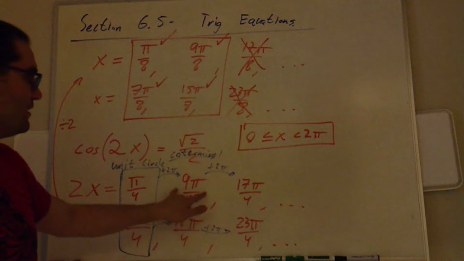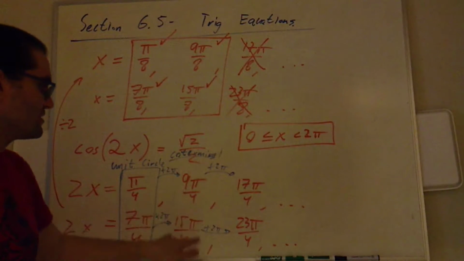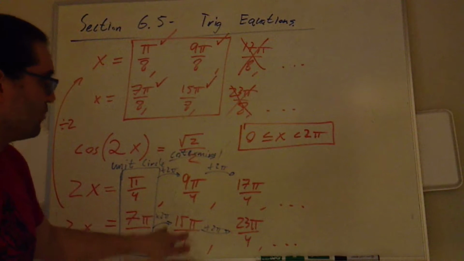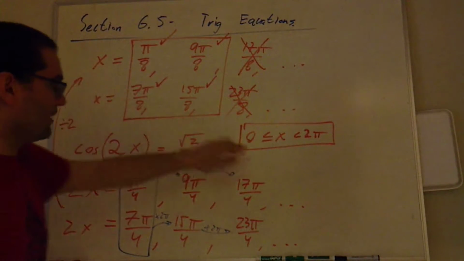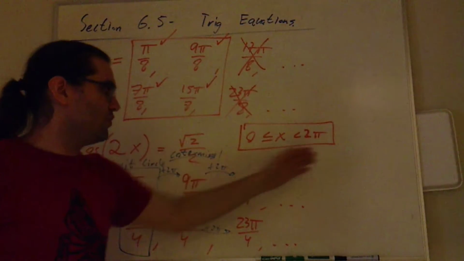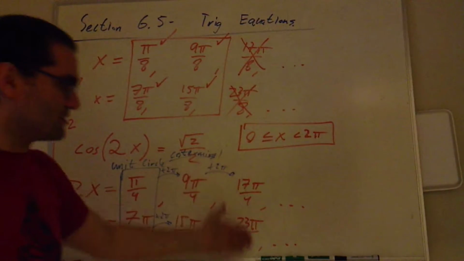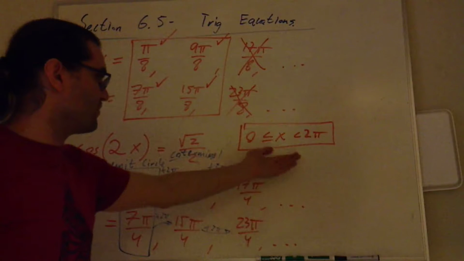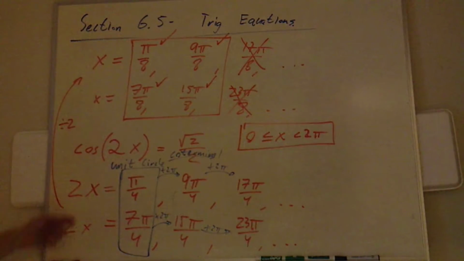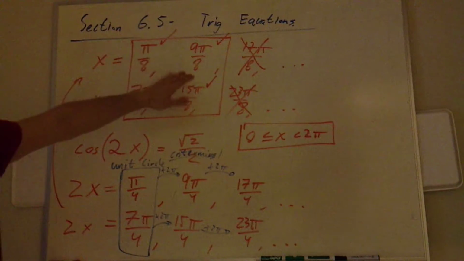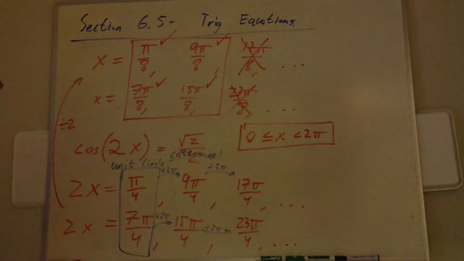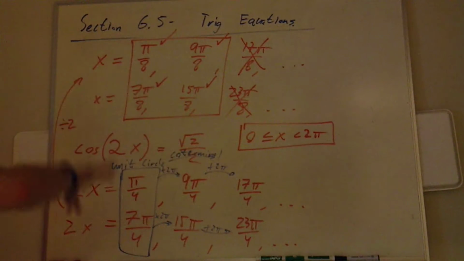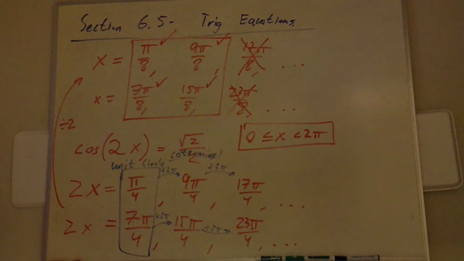You don't care where the original angles came from. You only care whether or not the final x values are in this range. Which is why we need to list a lot of stuff that isn't originally in the range so that we can edit it with this algebra and get stuff that may or may not be in the range. That's the technique here. I'm going to do another one really quick.